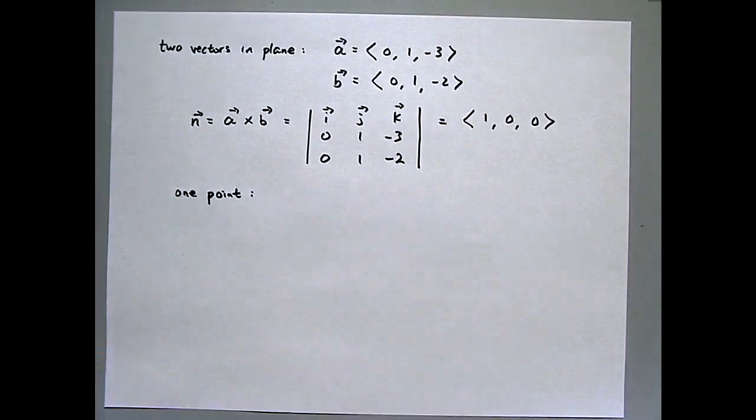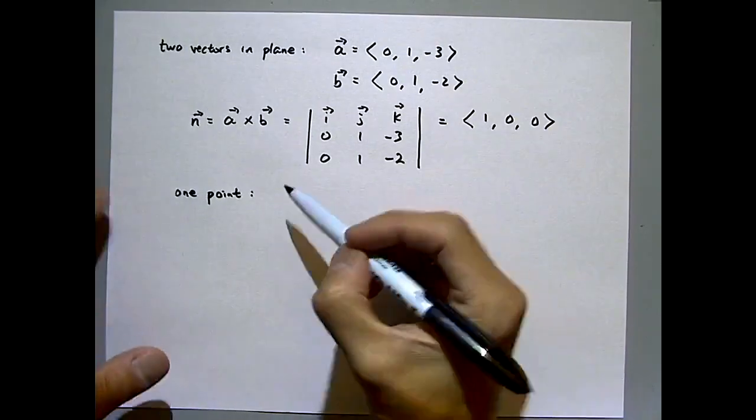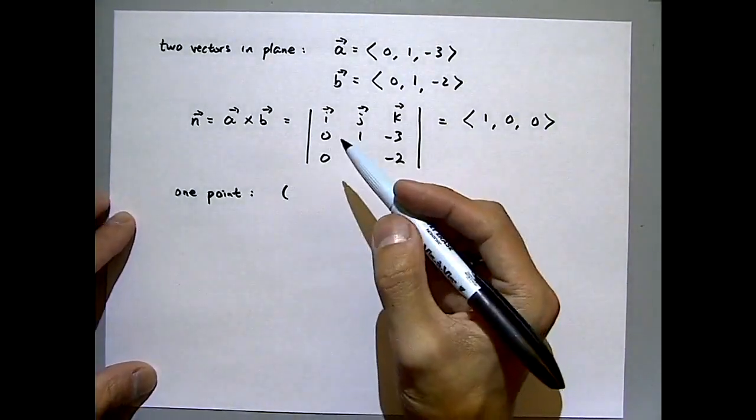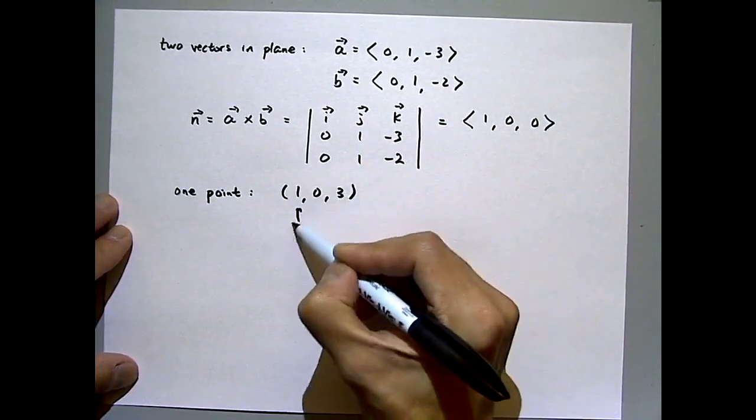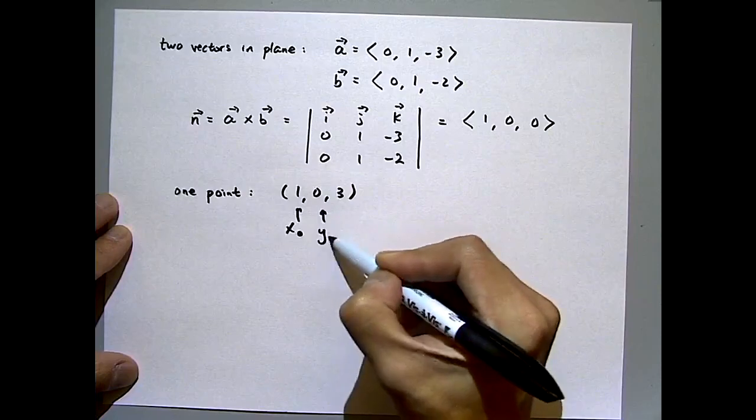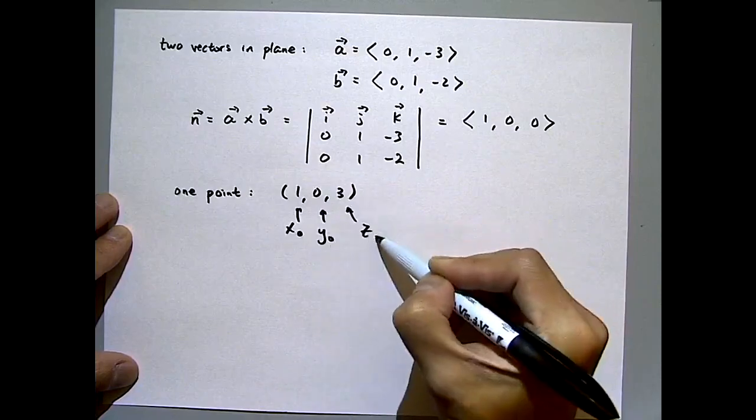Then you use 1 point to form this plane. Pick any of the three points given to you. Any of the three would work. So I'm going to arbitrarily choose the first one. That's my x0, that's my y0, and that's my z0.